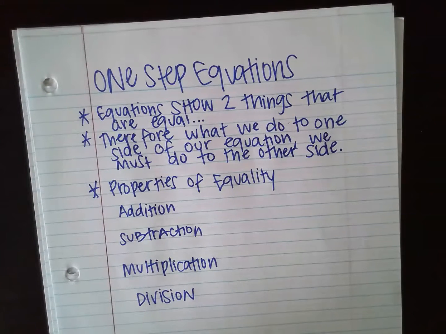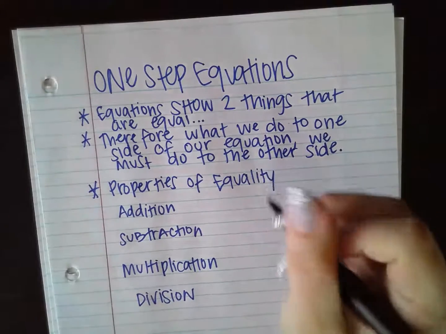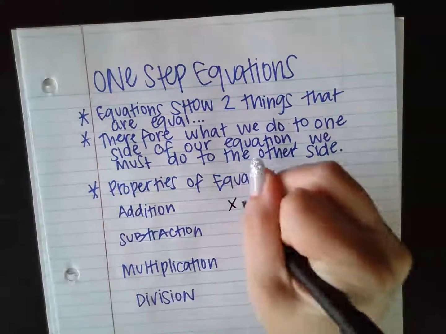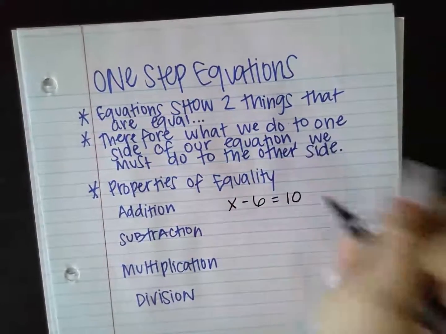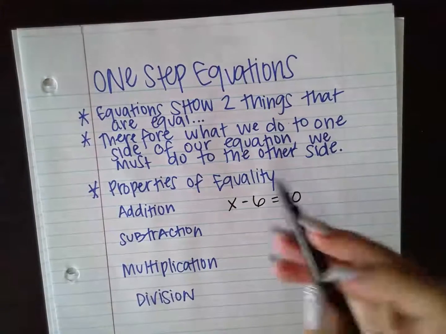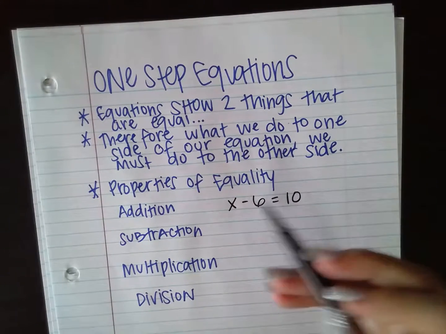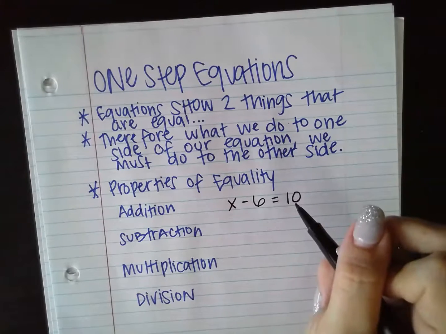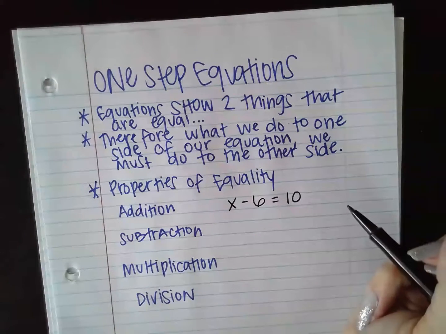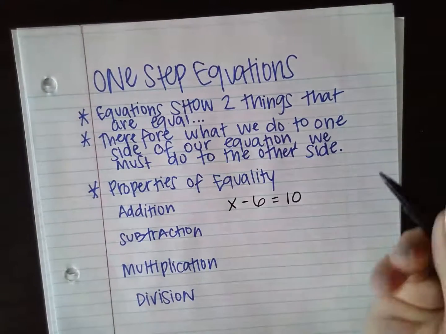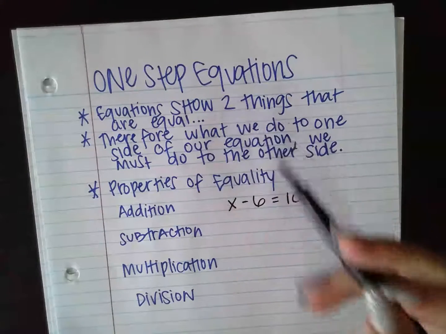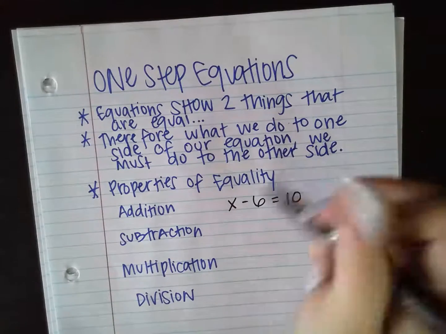So for example, we would use the inverse operation of addition if we had a problem such as this: x minus 6 equals 10. If we're trying to figure out what x is equal to, what we can do is add 6 to 10 to figure out what x is equal to. So to show this in terms of doing what we do to one side of the equation, we have to do to the other.